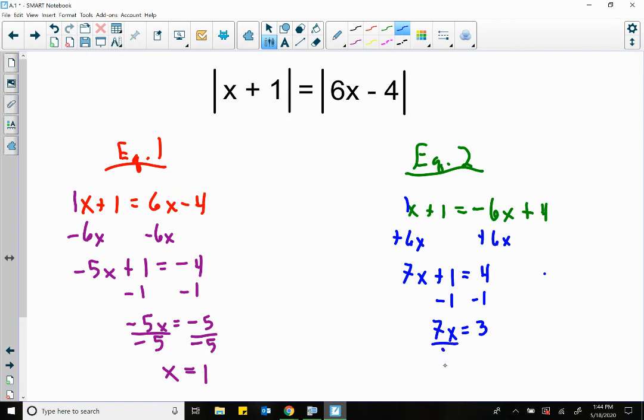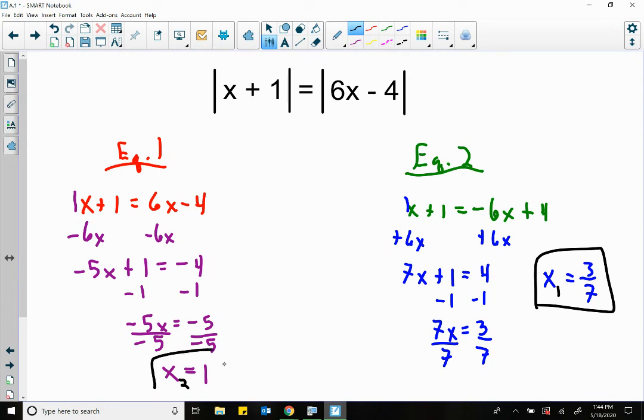And then divide by 7. And if you go to your calculator and put it in, the reduced form is 3 over 7. So in the end, this one is your x1 because 3/7 is smaller than 1. So there's your x1, which is the 3/7.